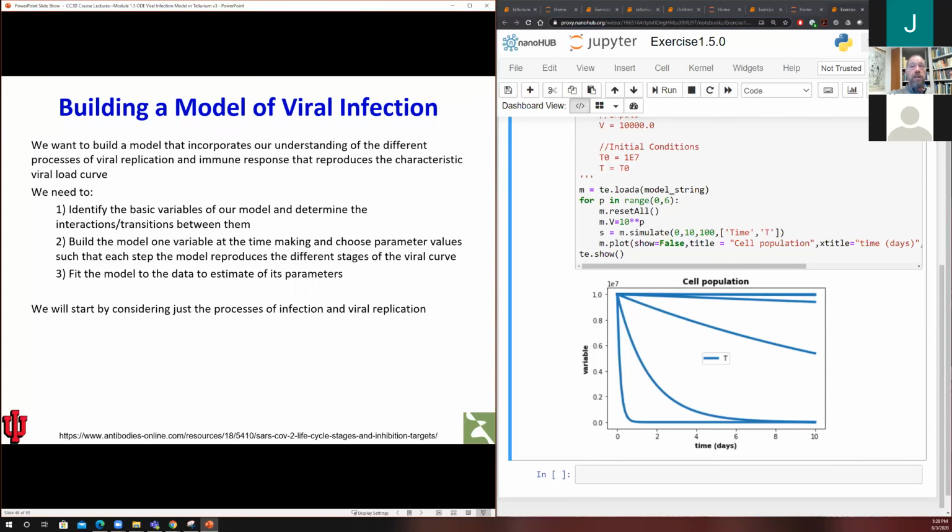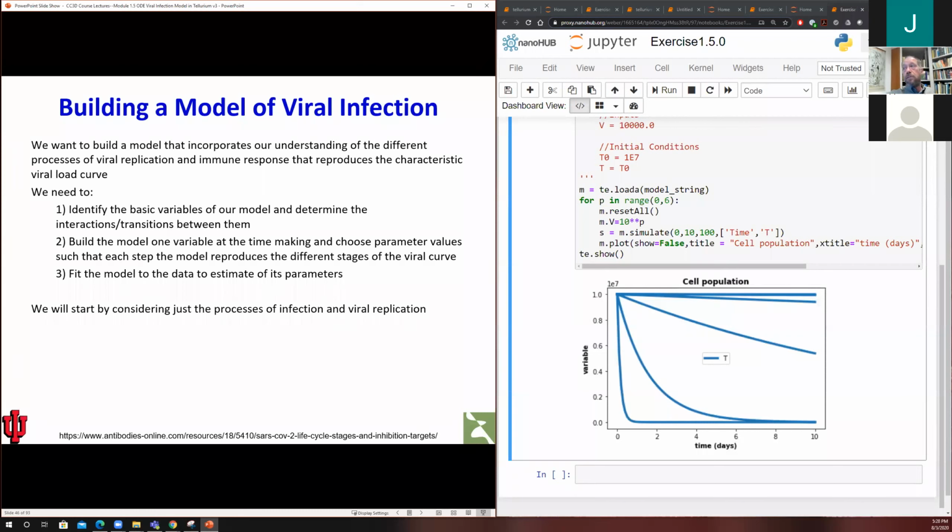And so now, based on that pattern that we just identified, we want to build a model that reproduces it using ordinary differential equations. So what we need to do is to identify what the key variables are, especially what the key biology is, and we're going to build this model sequentially, piece by piece, and make sure that we're able to reproduce the experimental results.